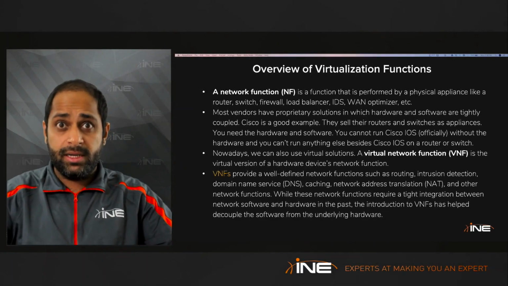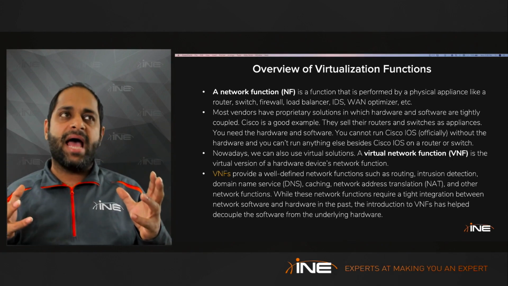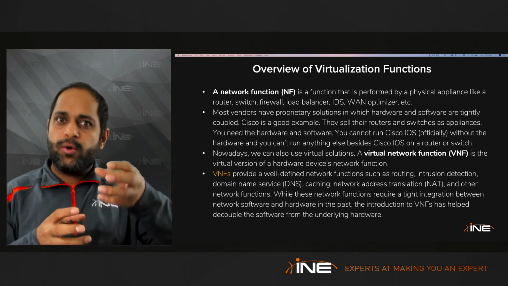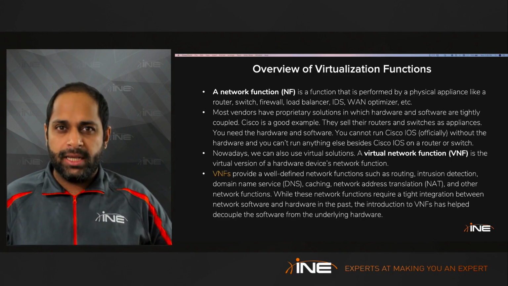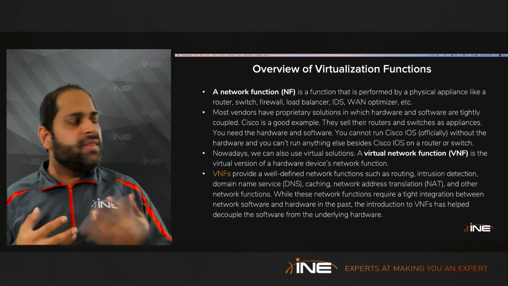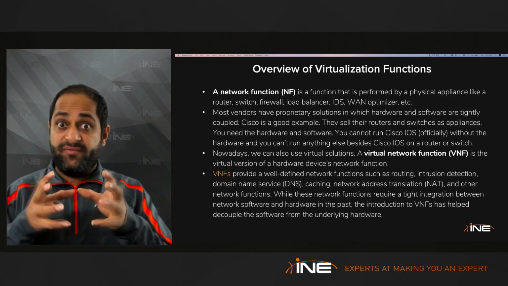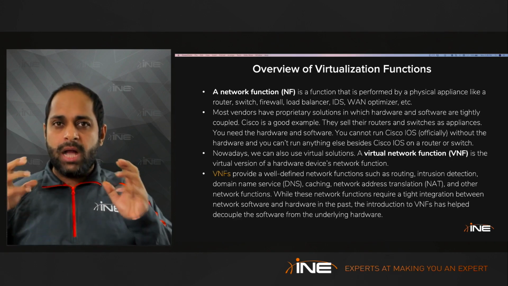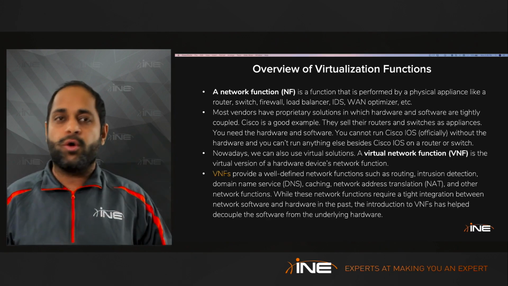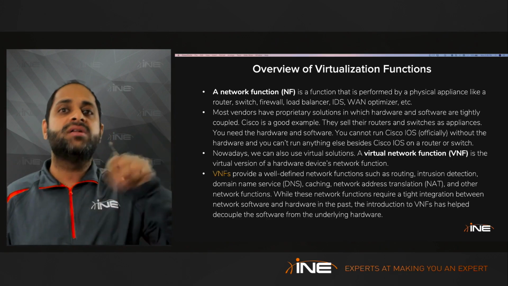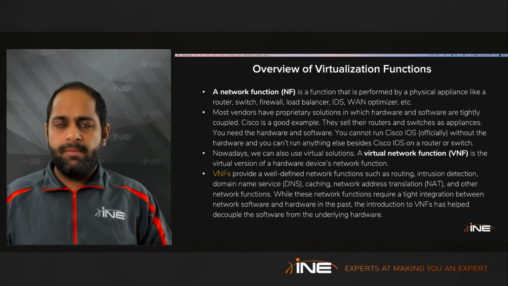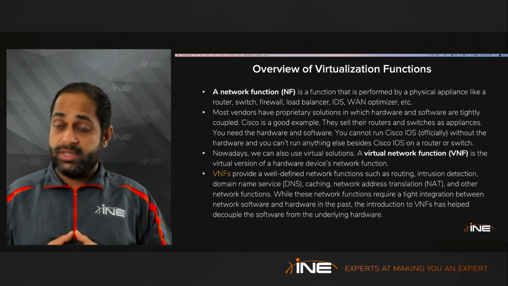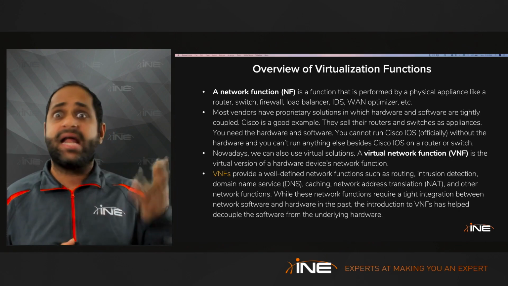If you remember earlier, we used to have physical routers running the IOS platform on that physical appliance. But now I don't need that physical appliance. What we have done with VNF is remove the appliance and deploy the virtual image or the software platform on different hardware, which could be an ESXi host, a server, or even a Red Hat KVM.